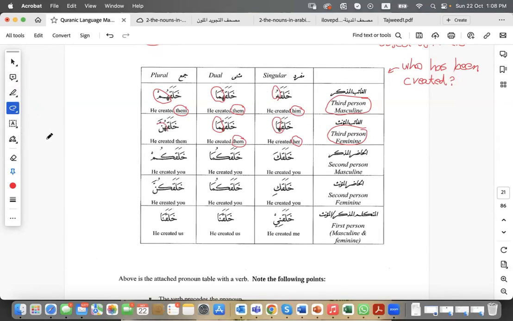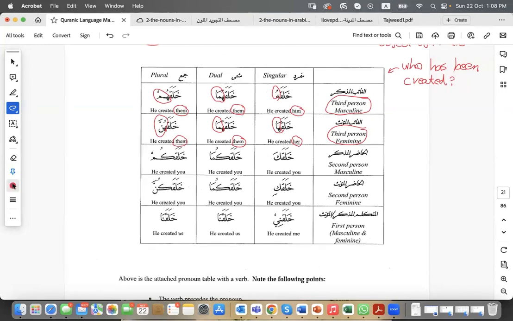It means that we are erasing this because I need the shadda. The shadda is part of the format of the third person plural feminine. So hunna, خلقهن, he created them, and I'm referring to a group of ladies.